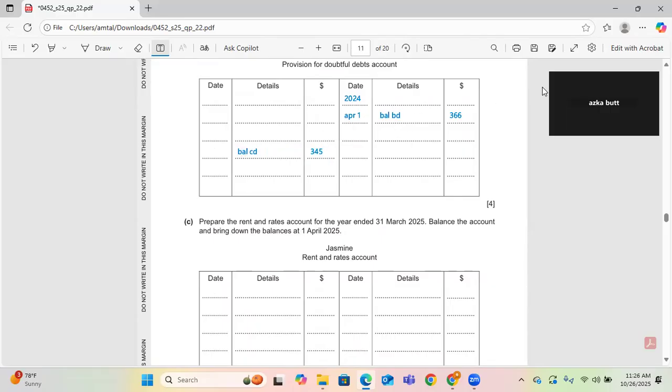Now, as you can see, the provision has decreased. The opening provision was 366, now it is 345. So if the provision has decreased, we need to debit the provision for doubtful debts account and credit the income statement, because this is known as a decrease in provision and that will be part of your income.